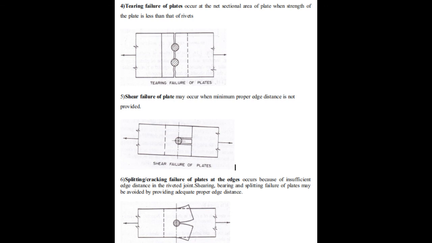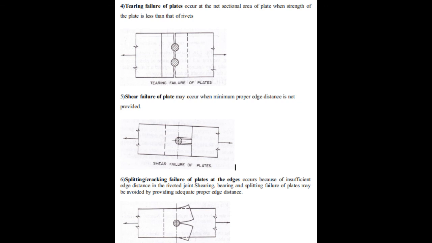So while designing, you have to keep all these points in mind: whatever the minimum edge distance and whatever the maximum edge distance, they are all specified by the code IS 800. The last category is the splitting or cracking failure of plates at the edges. It occurs because of insufficient edge distance in the riveted joint.